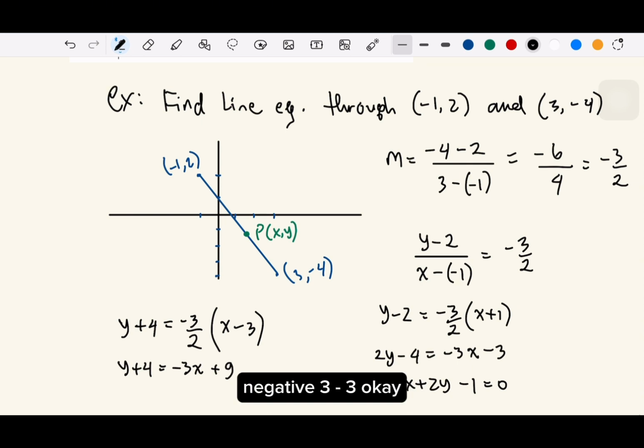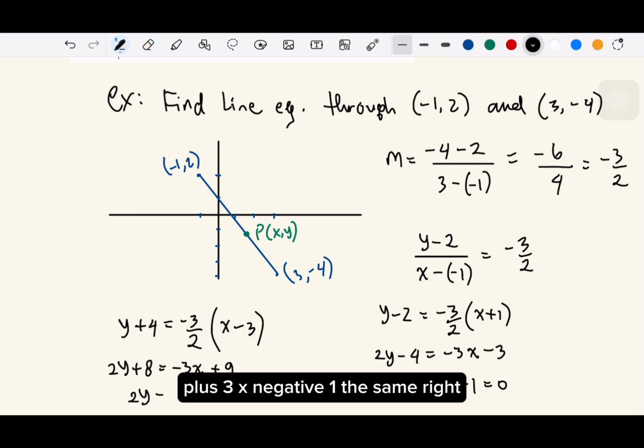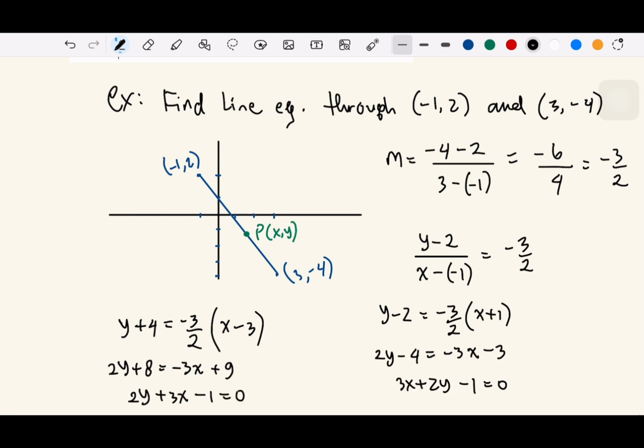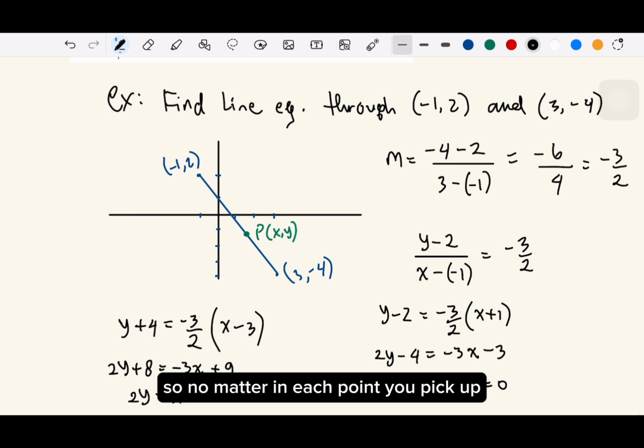Oh, this is 8, sorry. So 2y plus 3x minus 1, the same, right? So no matter which point you pick, you will get the same formula, which is the line equation for the line.